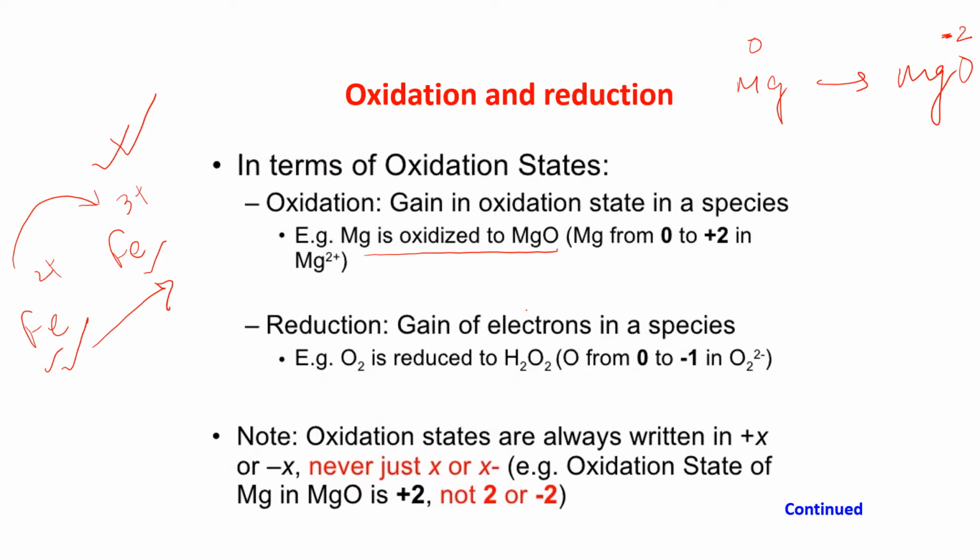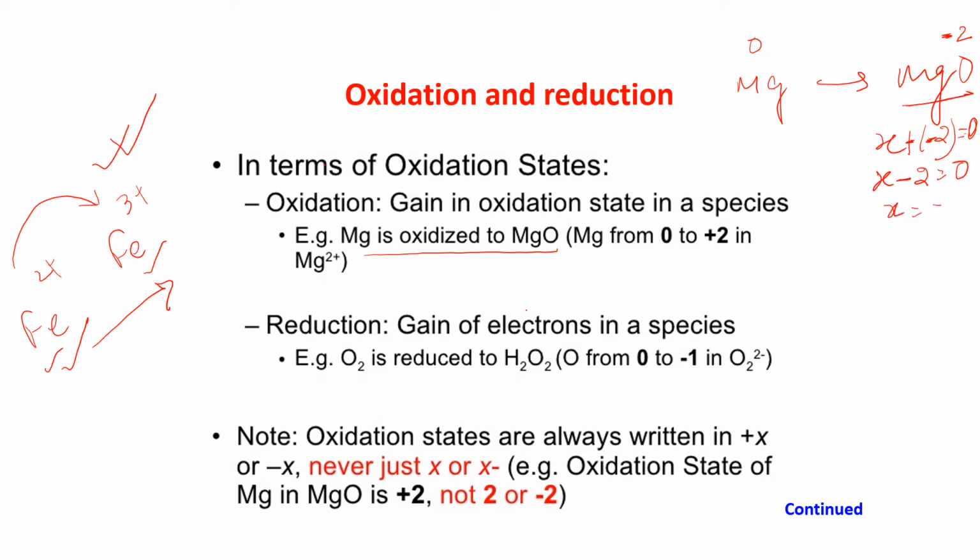So oxidation number of magnesium is how much in this compound? How to calculate? Suppose magnesium is X and oxygen is having -2. That means X plus -2, and as it is a neutral molecule, it is equal to 0.